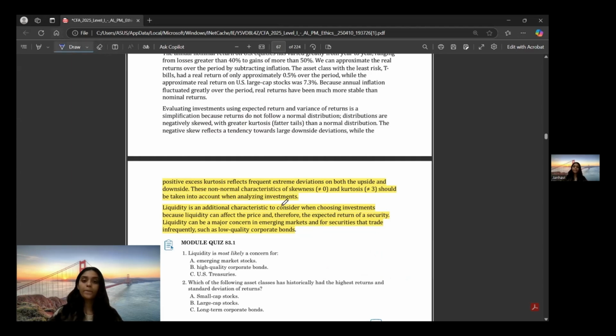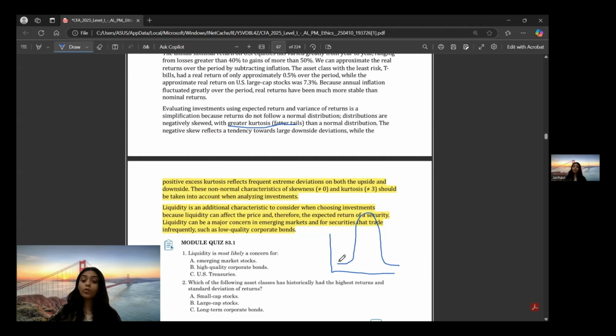Further, we'll see how greater kurtosis looks like. Now, what does greater kurtosis mean? It means that you might see extreme results, even in the case of losses or in the case of gains. For example, the graph will be like this. It will be much taller.